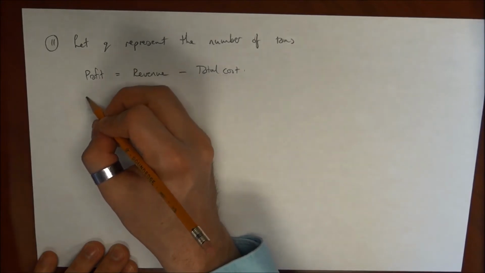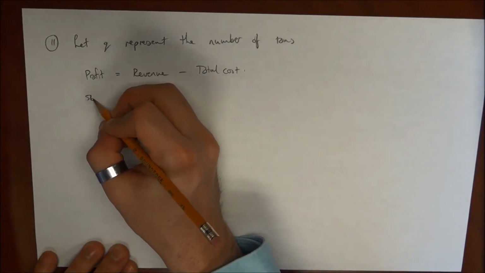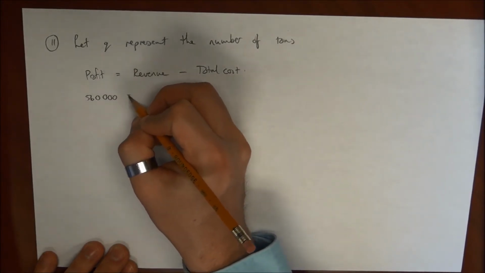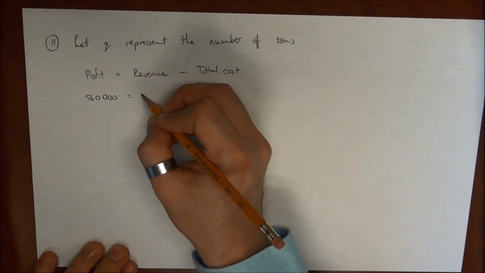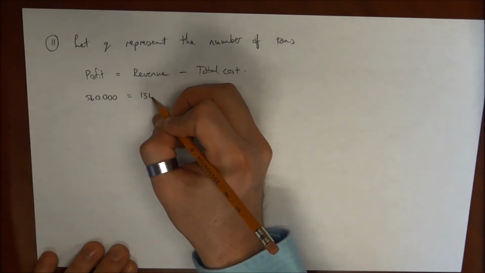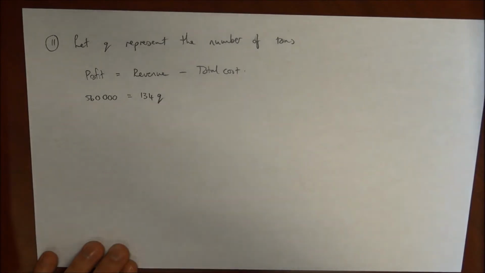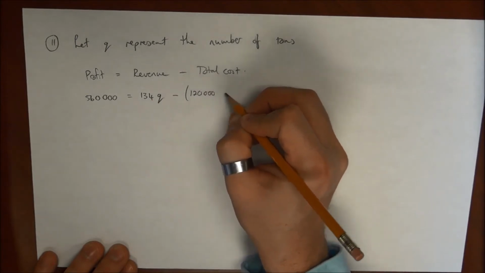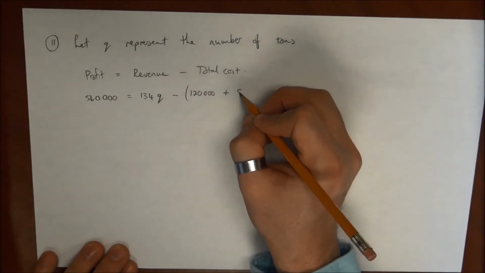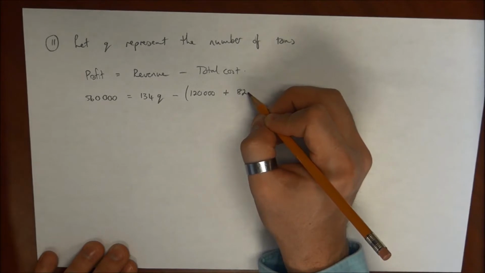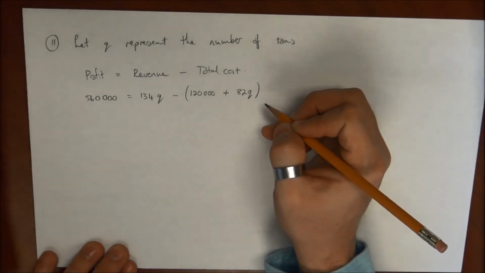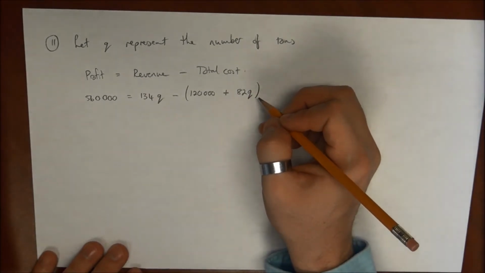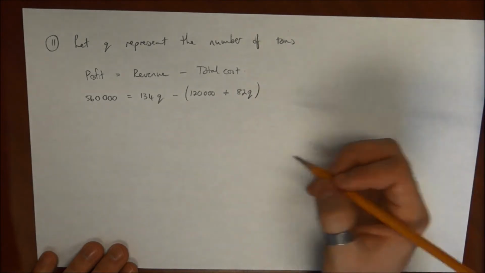So my profit is 560,000. My revenue is 134 Q. My total cost is the fixed cost of 120,000 plus my variable cost of $82 per ton, and I make and sell Q tons, and there's my equation.